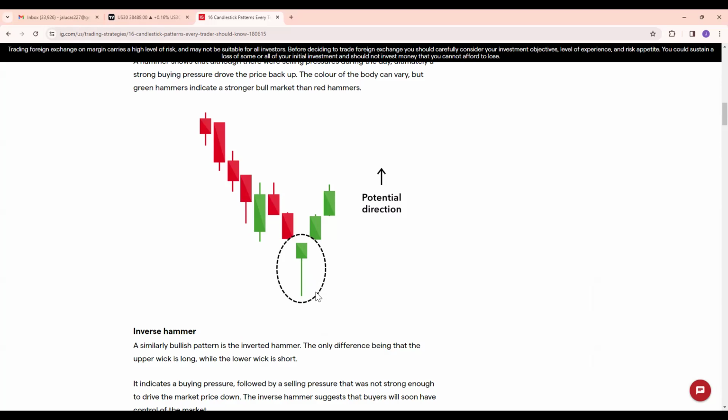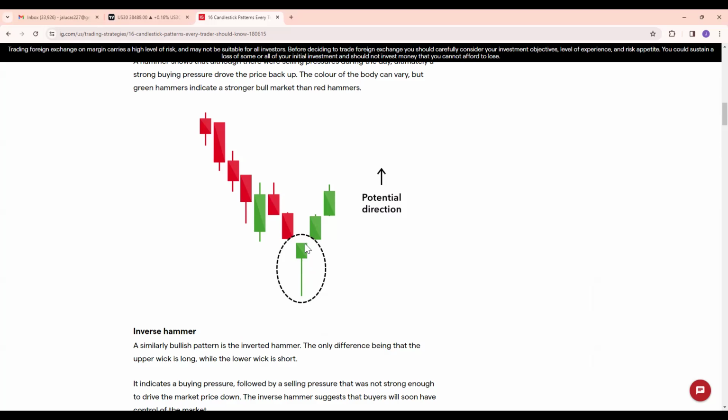So in this case, price got this low during this candle, and before that candle closed, price closed all the way back up here.